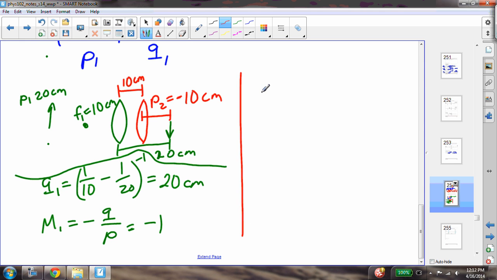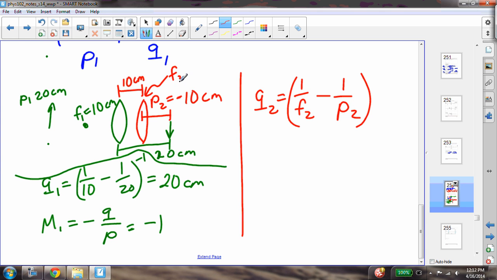Now I can calculate Q2. 1 over Q2 is going to be 1 over F2 minus 1 over P2. And let's say that F2 of this lens, I don't know, is equal to 10 centimeters.